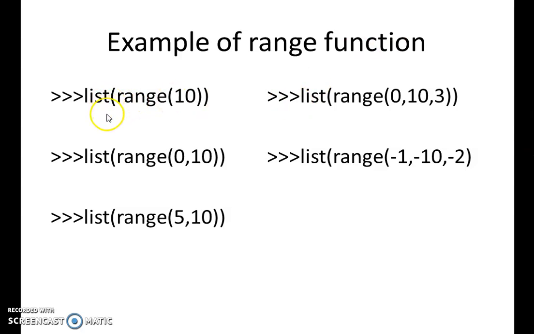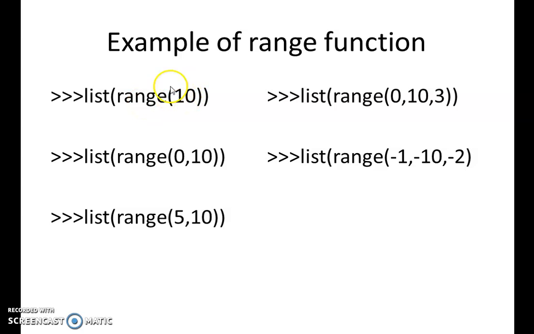So to see the output of this particular range function, you can write this command in interactive mode and you can see the result accordingly. Here we have provided value 10.